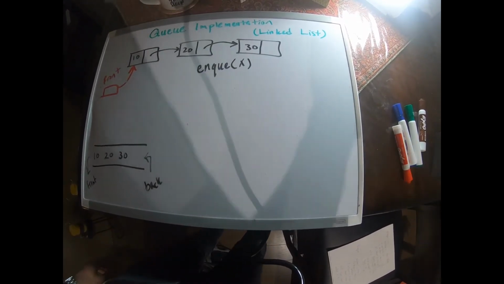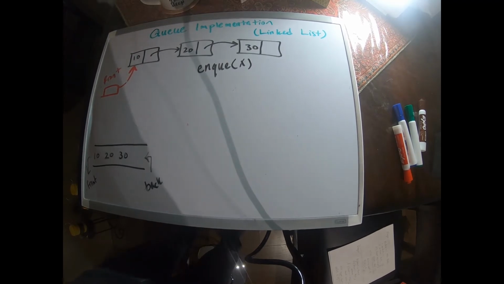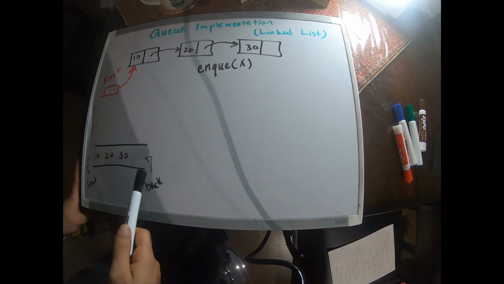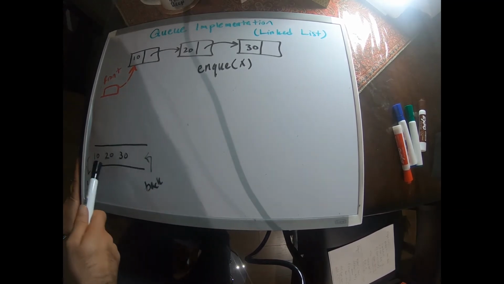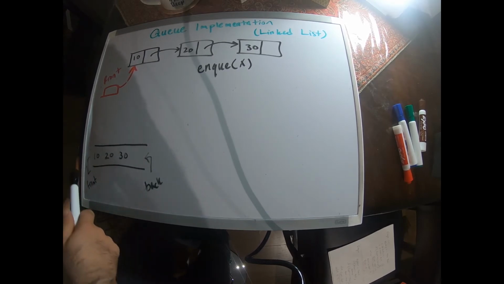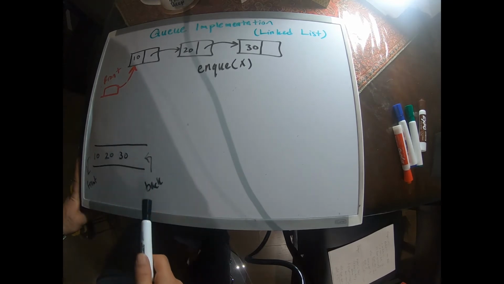So let's look at how we can implement queues using linked list. So again, I'm just going to reiterate that if you have a queue, you should have two open ends. One end that we do the removal from, one end that we do the insertion from.